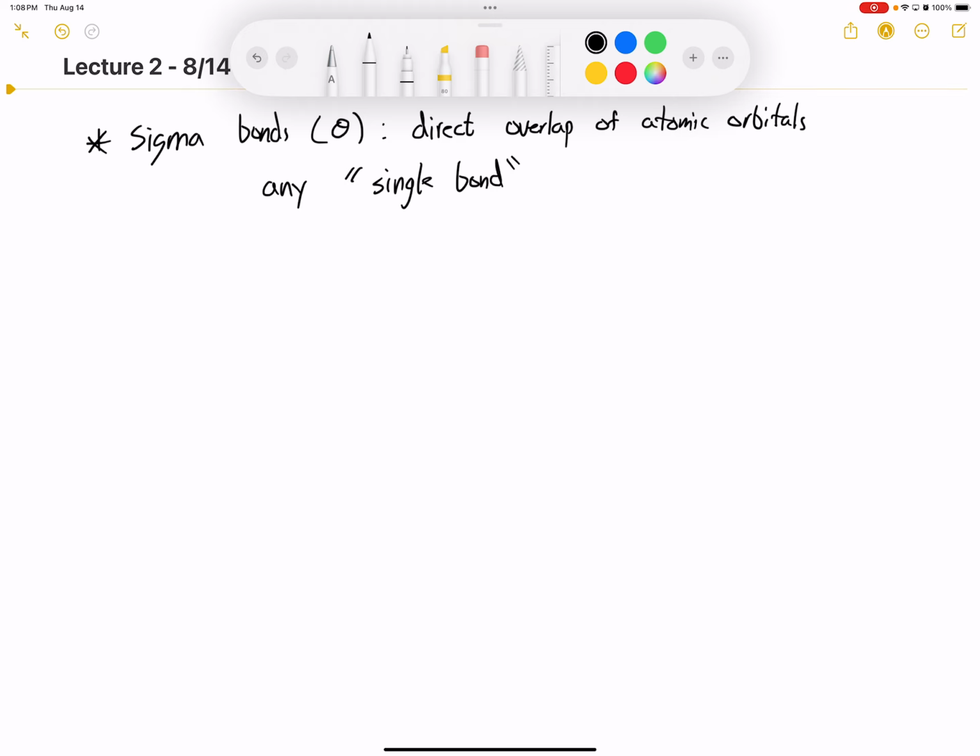okay? So, for example, let's use sulfur, and the Lewis structure, this is going to be sulfur. All right, so hydrogen sulfide. Sulfur has 2 lone pairs on it because it's like oxygen, right?